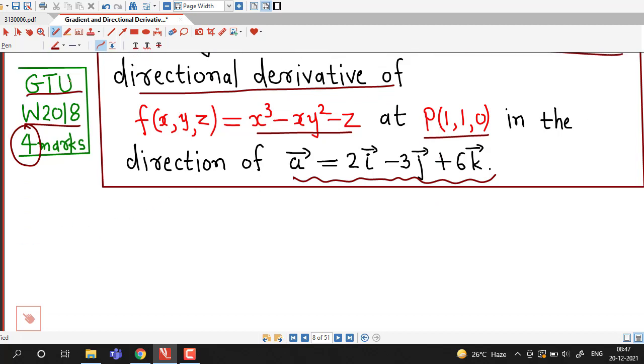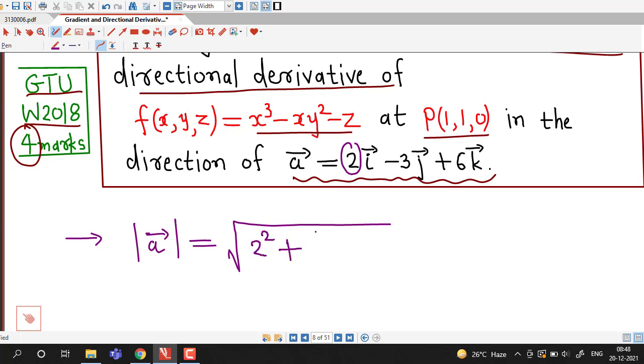So first we check whether given vector is unit vector or not. For that we find out length of given vector. We know that length of a bar will be equal to square root of square of components and their addition. Here x component is 2, so we consider 2 square, y component is minus 3, plus z component is 6.